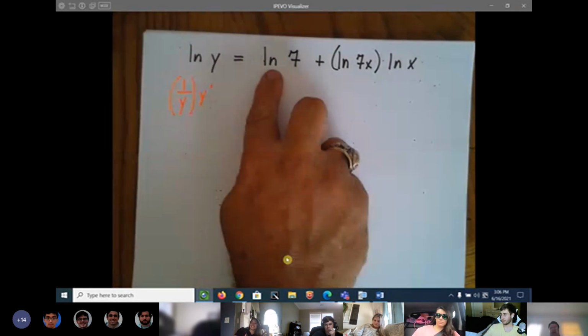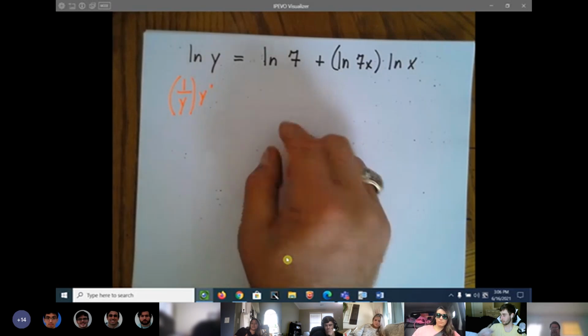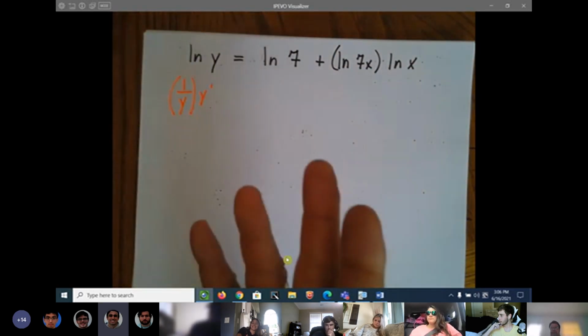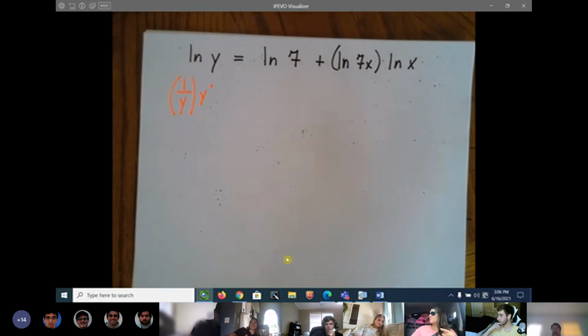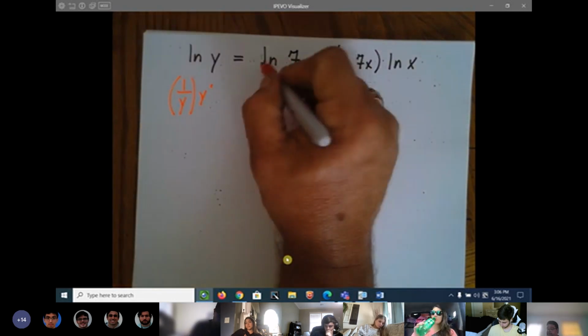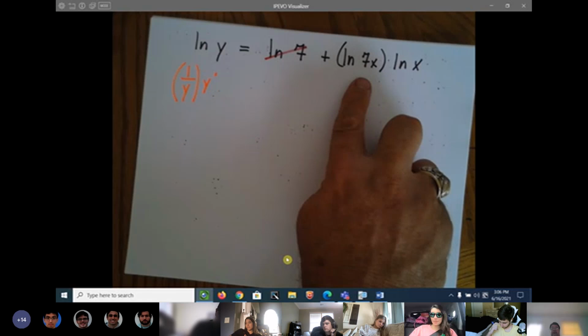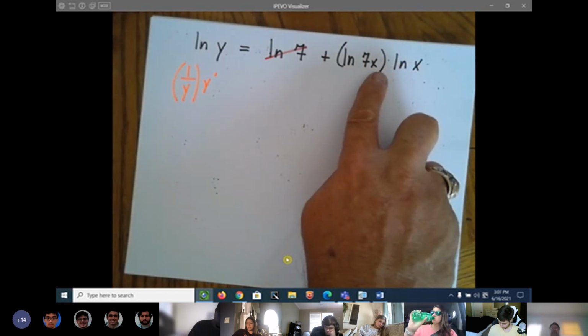Because what is the natural log of 7? It's a constant. It's a number. So 0. So you can just take your red pen and it's gone. So that means product rule of derivatives left.